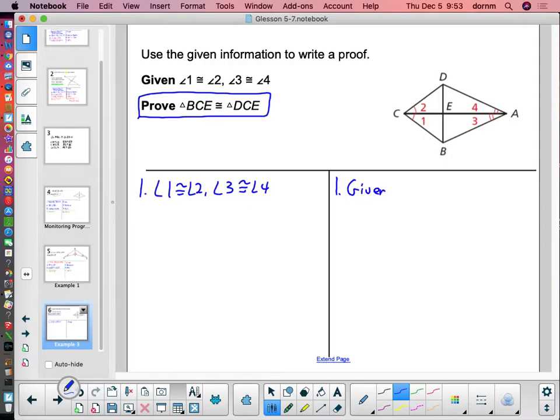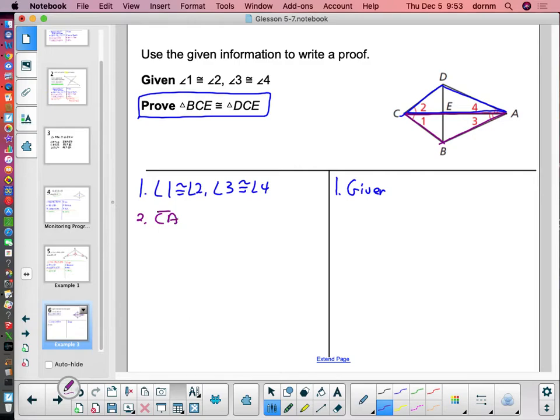Okay, that's already marked in for me. Now, when I look at what's given, angle 1 and angle 2 are these, angle 3 and angle 4 are here, but that's really dealing with this triangle and this triangle, isn't it? And if I look at those 2 triangles, what do they have? Shared side, which is CA. We wouldn't use 3 letters for a segment, it's always just 2.